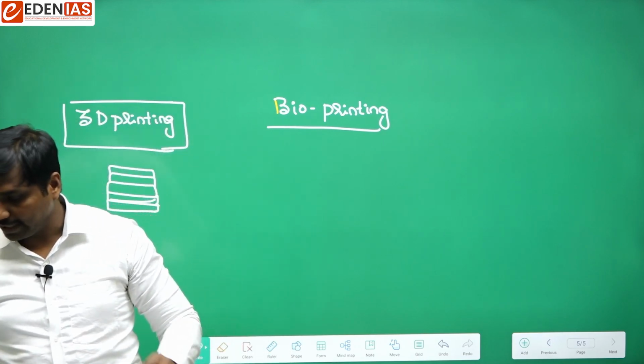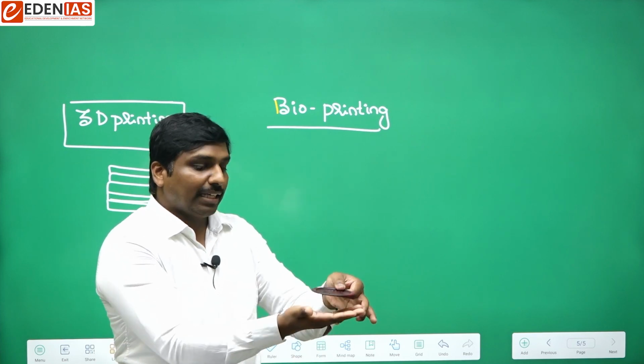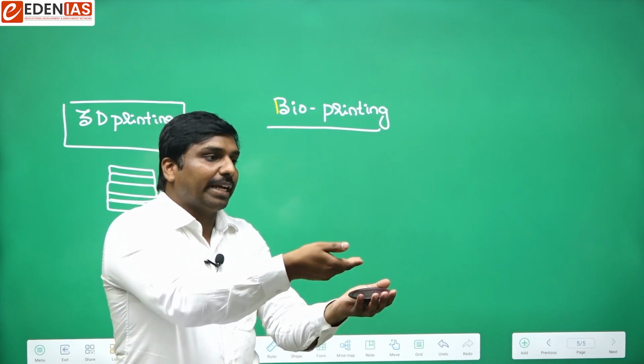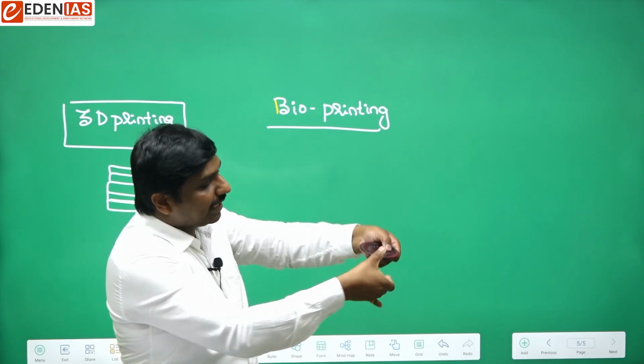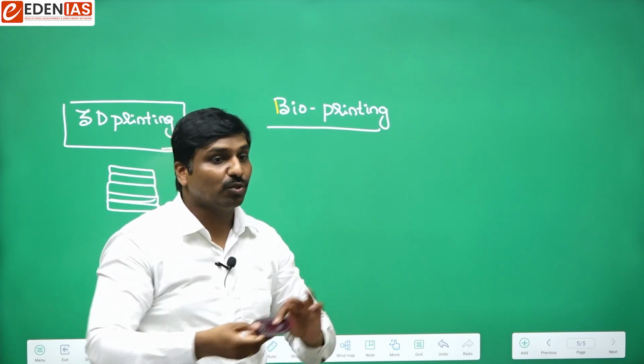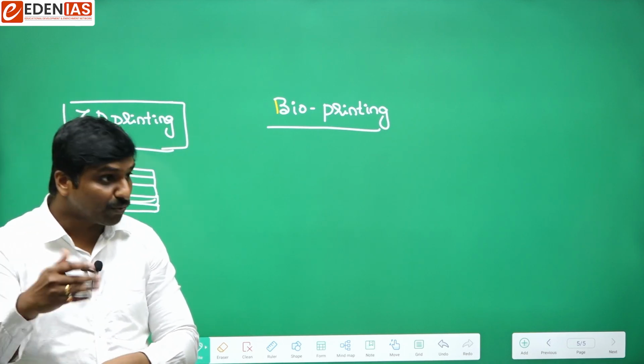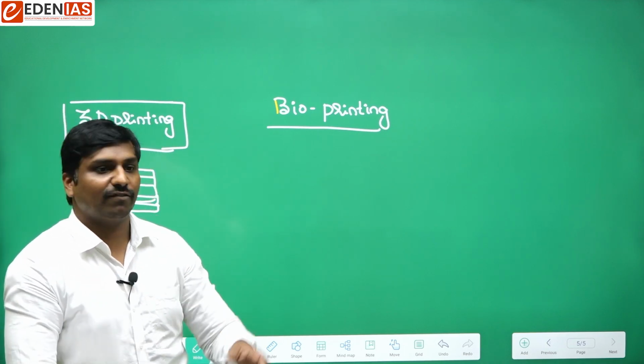Like, for example, if you take this plate, similar kinds of material would be added layer by layer, so that it becomes a 3D object, and from all sides you will see it likewise. So 3D printing is an additive manufacturing technology used to produce various types of material.